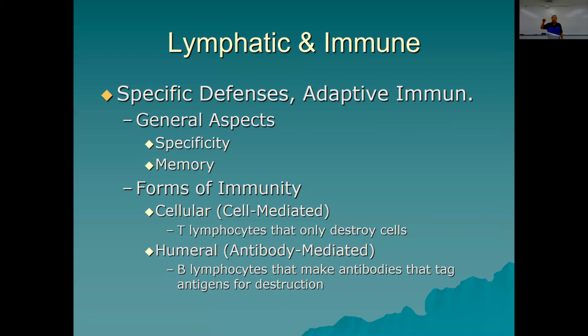We are going to be making cells that will remember our exposure to this pathogen. And the next time we're exposed to it, we can attack it right away and never even realize that we've been exposed to it again. And so we can sometimes get lifelong immunity after being exposed to this particular pathogen and living through it.